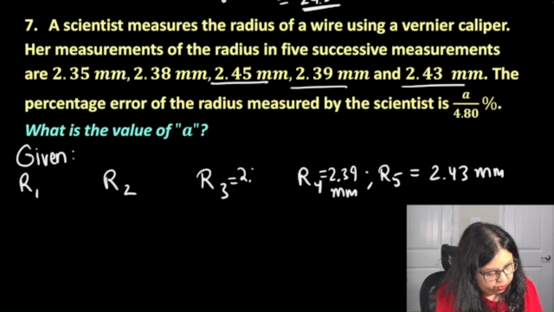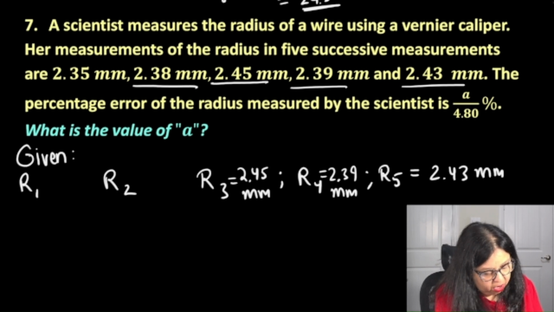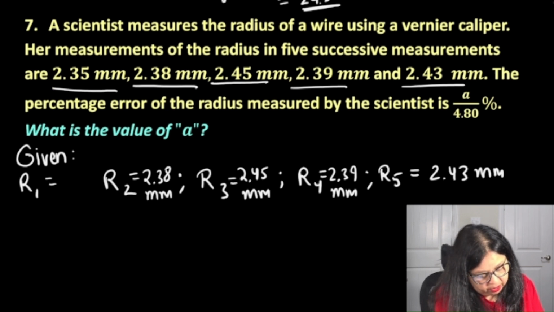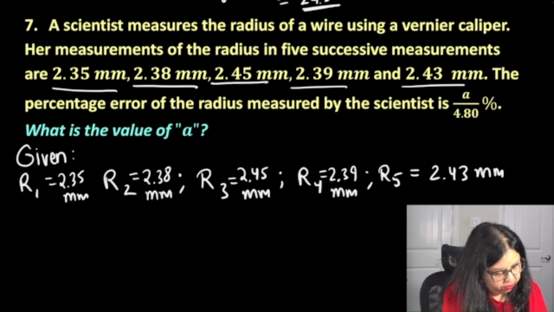R3 is 2.45 millimeter. R2 is 2.38 millimeter. And R1 is 2.35 millimeter. These are our 5 values of the radius.